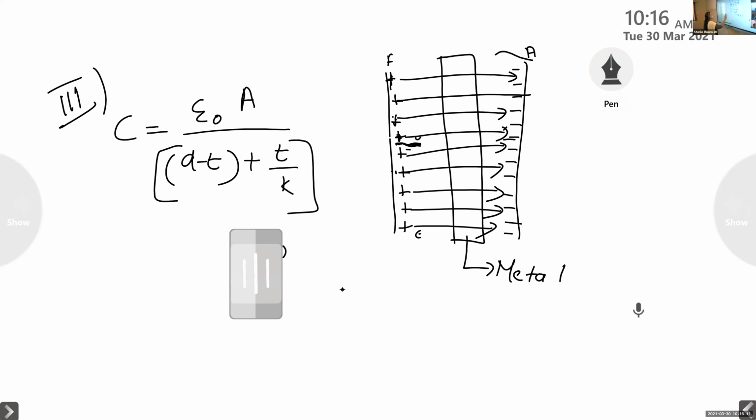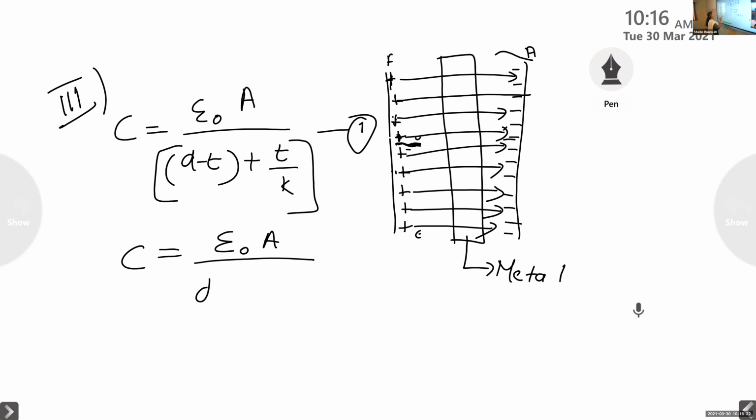Then what happens to this equation for capacitance? C is equal to epsilon 0 A divided by D minus T plus T by infinity, because K is equal to infinity if instead of a dielectric we place a metal inside these two conductors.